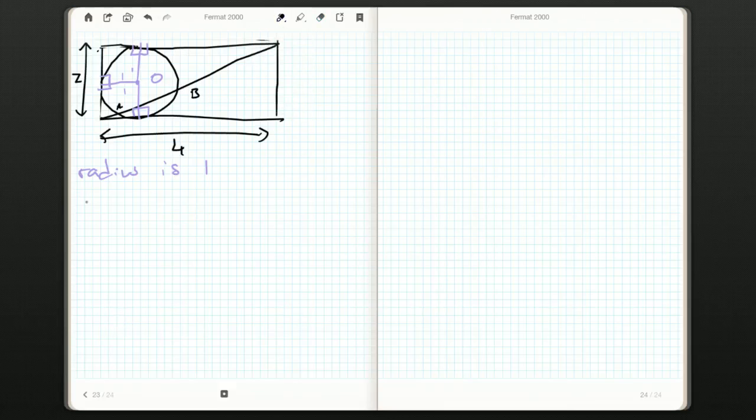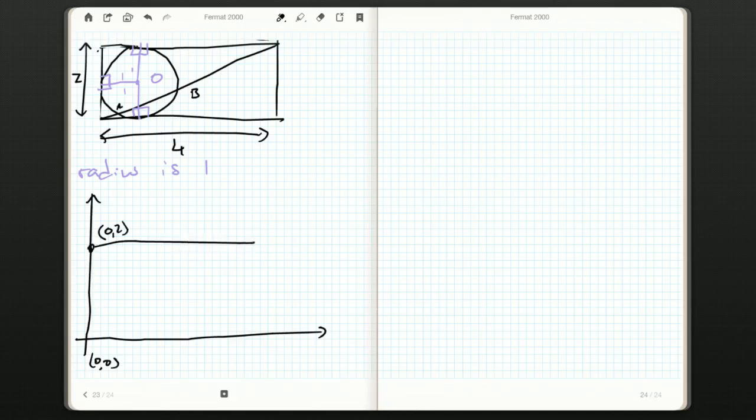I'm going to say the corner of the box is 0, 0. And we go up a height of 2, so we're at 0, 2. And then we are at 4, 2, and 4, 0.